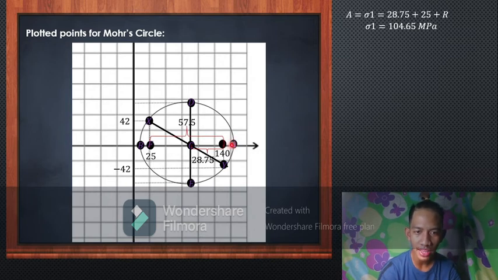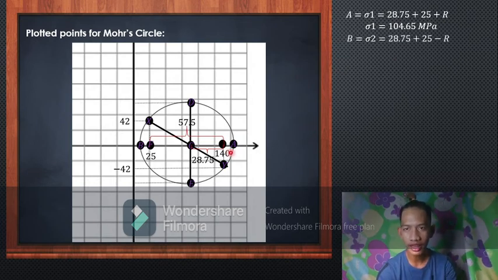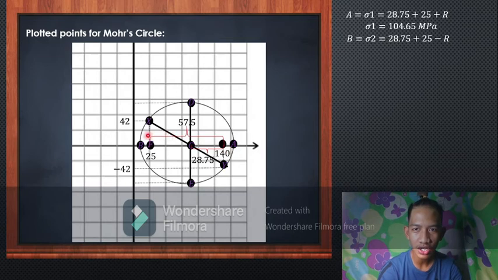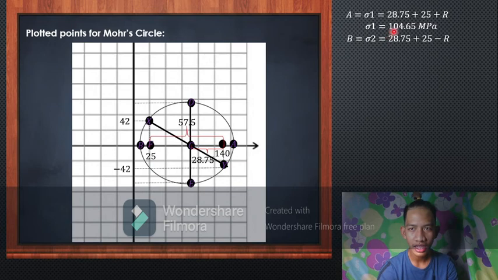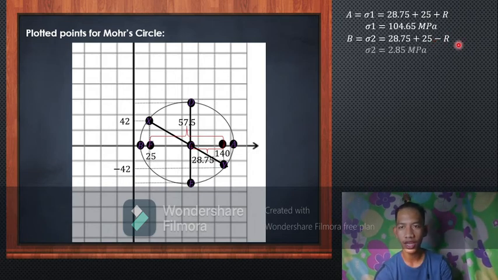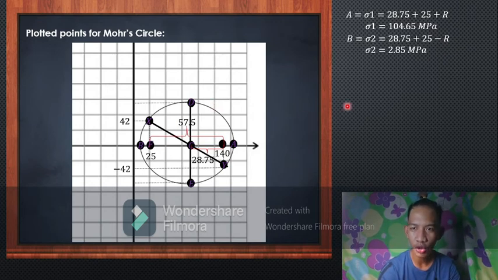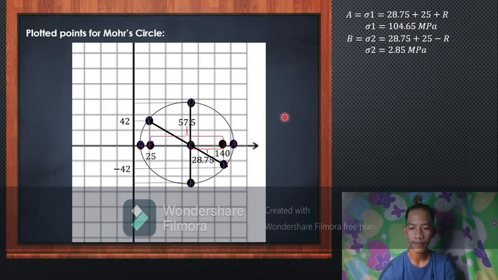Then, to get our sigma 2, which is our B, we need to add 28.75 plus 25, but minus the radius. So our sigma 2 is 2.85 MPa.